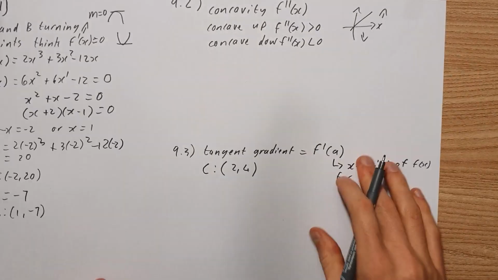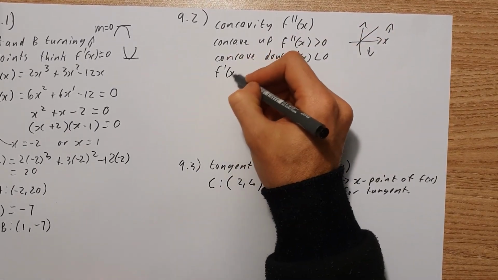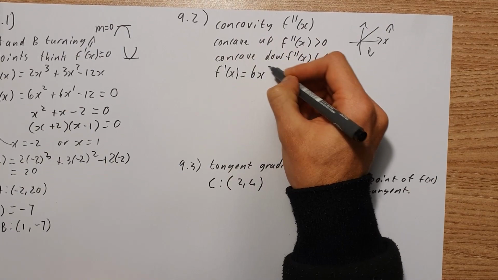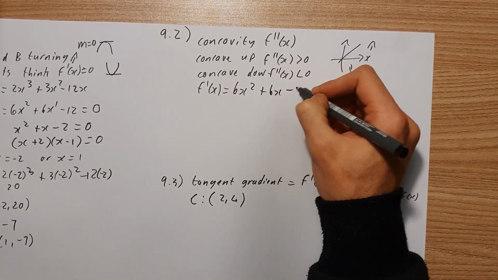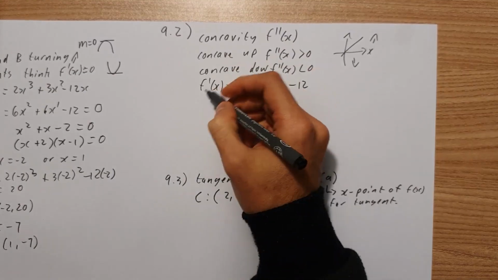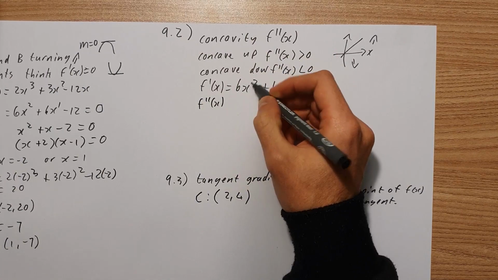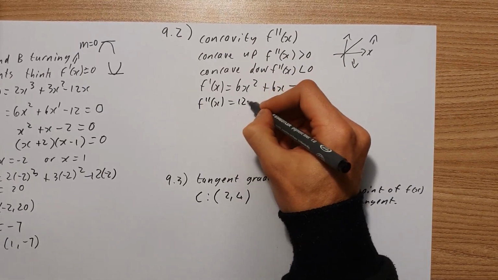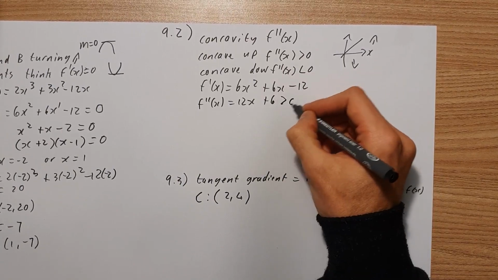So let's have a look here. We want f double prime. We know that f prime of x equals 6x squared plus 6x minus 12. If you take the second derivative of that, 2 times 6 is going to be 12x, and then plus 6, and we need that greater than 0.